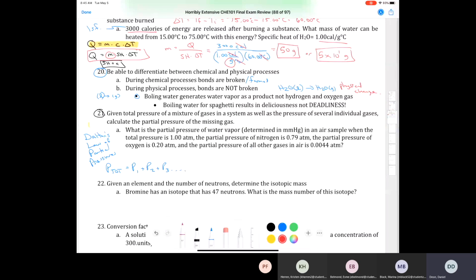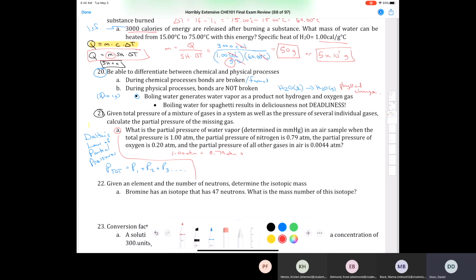Now here's the question. What's the partial pressure of water vapor in millimeters of mercury in an air sample when the total pressure is 1 atmosphere? So this is my P total, 1.00 atmospheres. The partial pressure of nitrogen is 0.79 atmospheres.